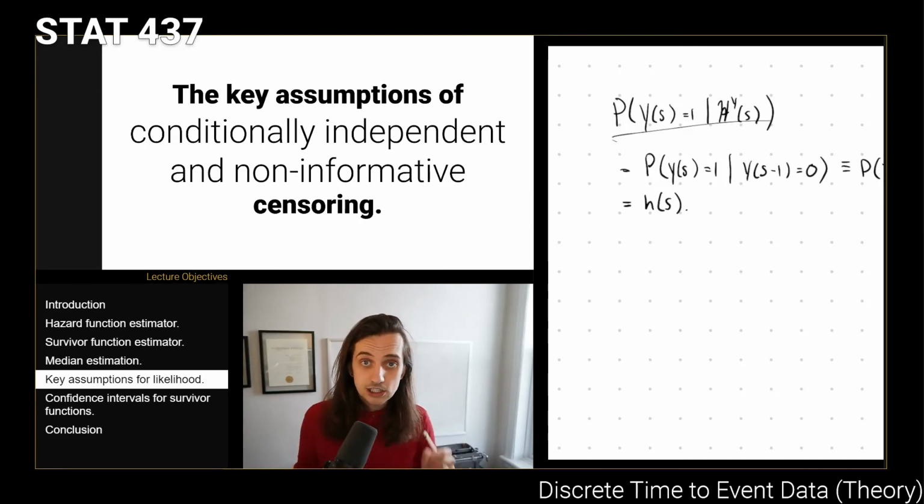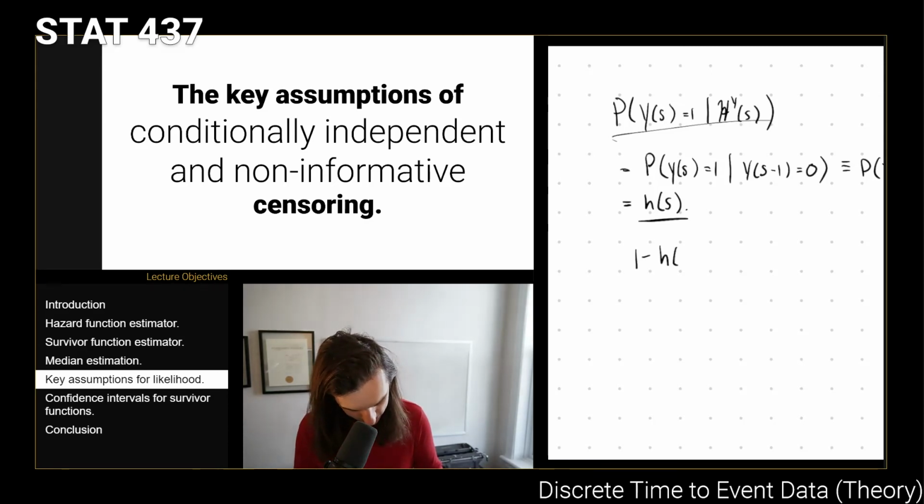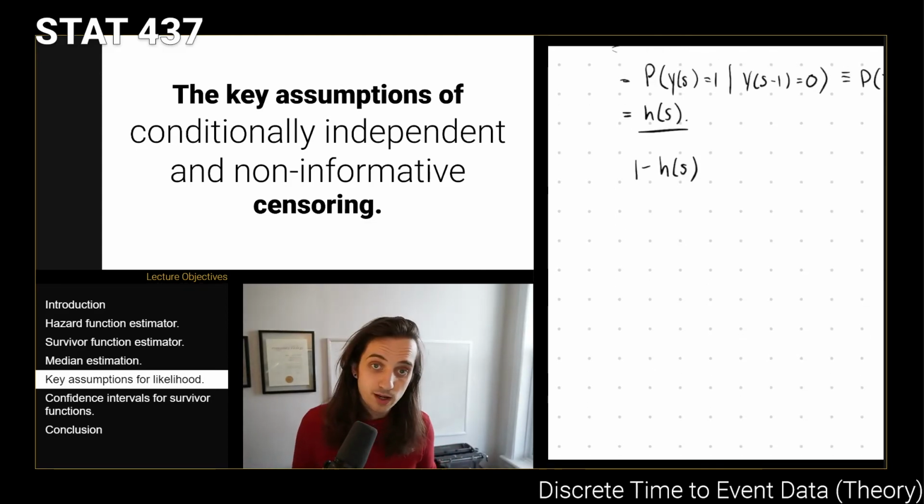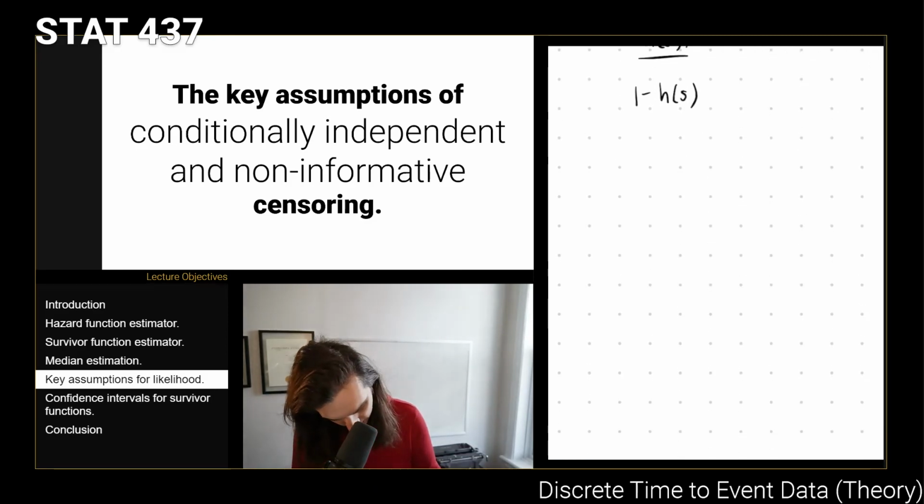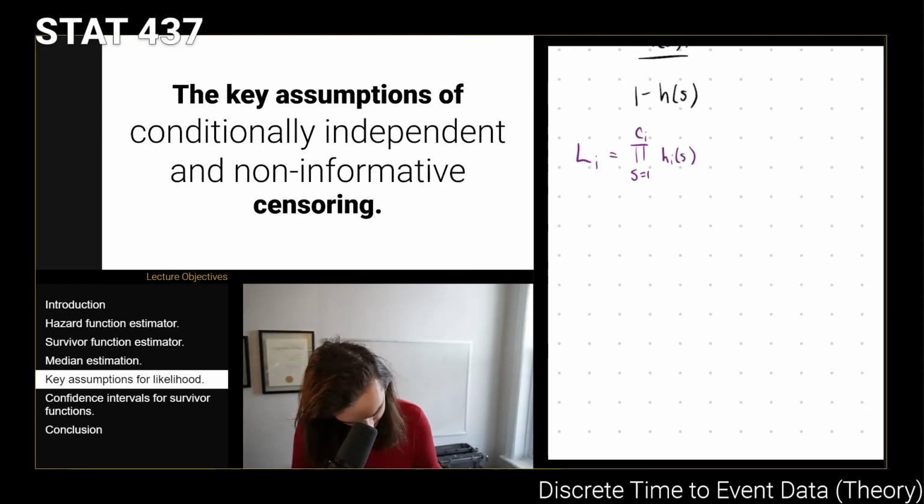And so in the interval where ys actually becomes 1, we have this contribution of the hazard function. For all of the other intervals, what we have is a contribution of 1 minus the hazard function, by the same rationale, right? The probability that ys equals 0 is 1 minus the probability that it equals 1. And so pulling these terms together, what we see is that this likelihood contribution for individual i, which we've been writing as the product s equals 1 up to ci, is going to be given by hi of s to the power of yi of s.